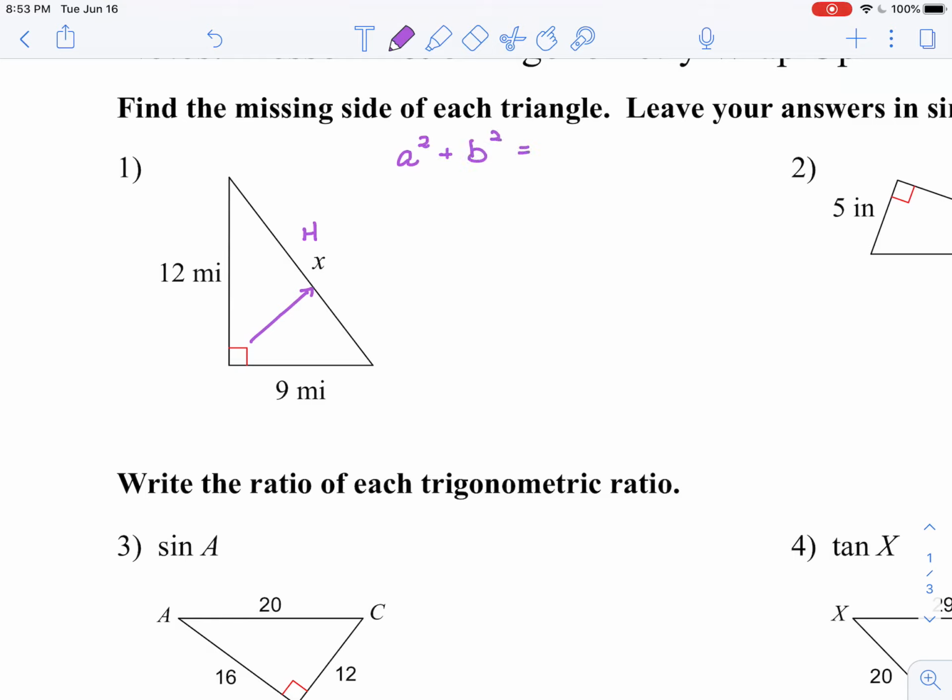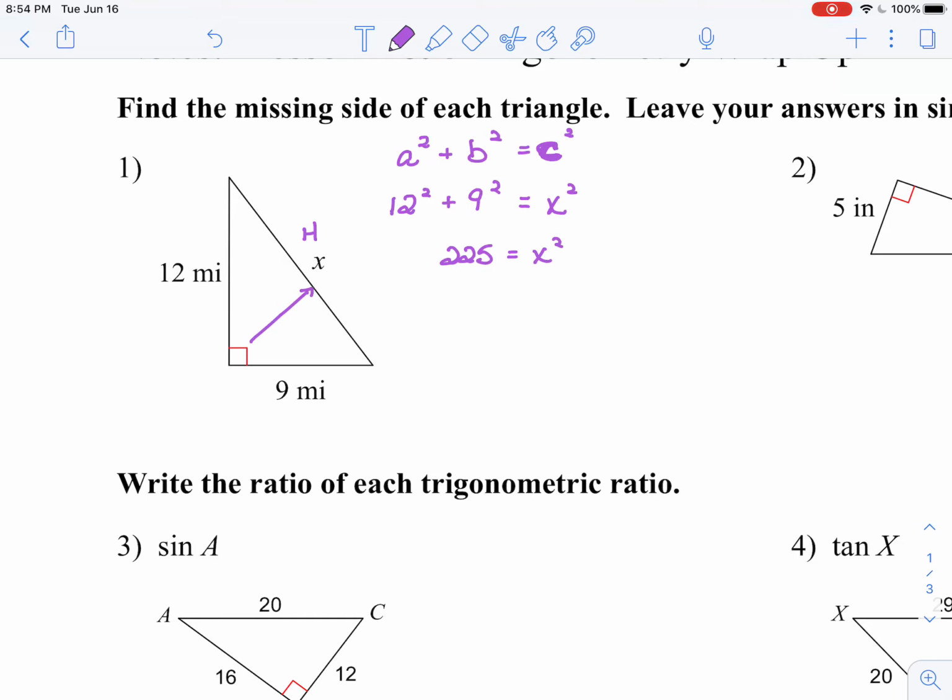I'm going to use this in the Pythagorean theorem, a squared plus b squared equals c squared, where c is always the hypotenuse. So in this case, I'm going to have x as my hypotenuse. The 12 and the 9 will serve as our a and our b. So I need to do 12 squared plus 9 squared, 144 plus 81. I'm getting 225.